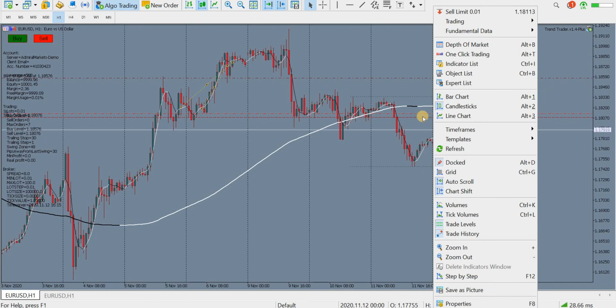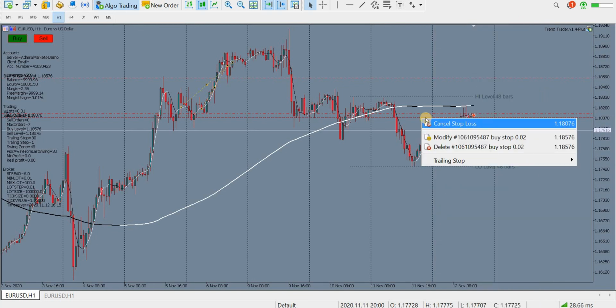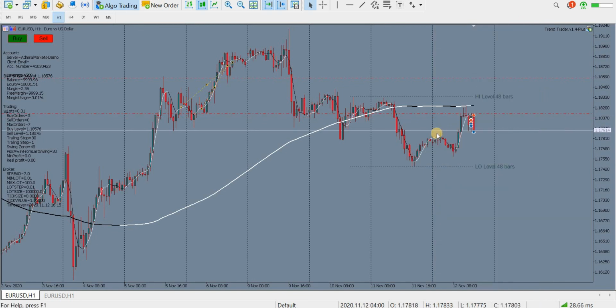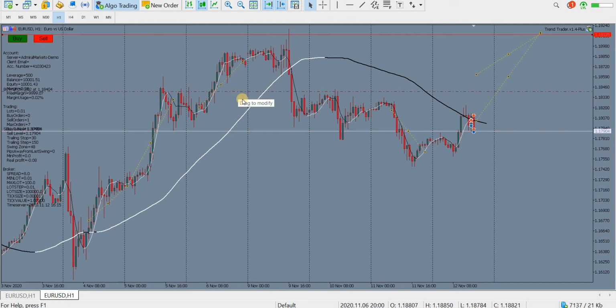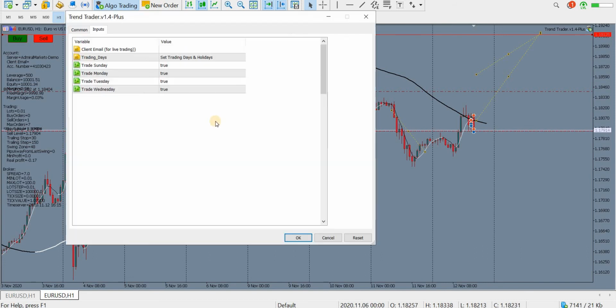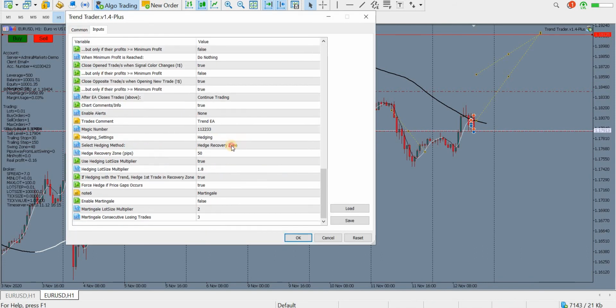Now, what hedging is, basically what happens here. Here's a trade I have opened manually. I will close it now. Let's go to the other chart without the swing zone. So let's say that the expert advisor opens a sell right here, with automatic hedging, hedging a recovery zone.